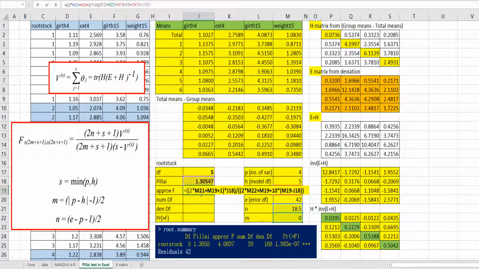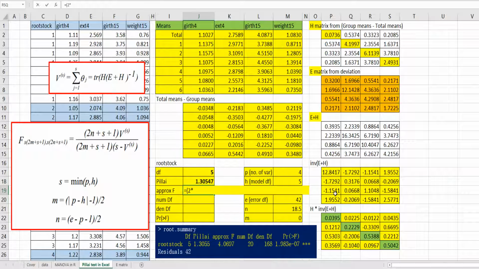Sorry, let me see this one. Here. Right. Is there something wrong? So let me calculate again.